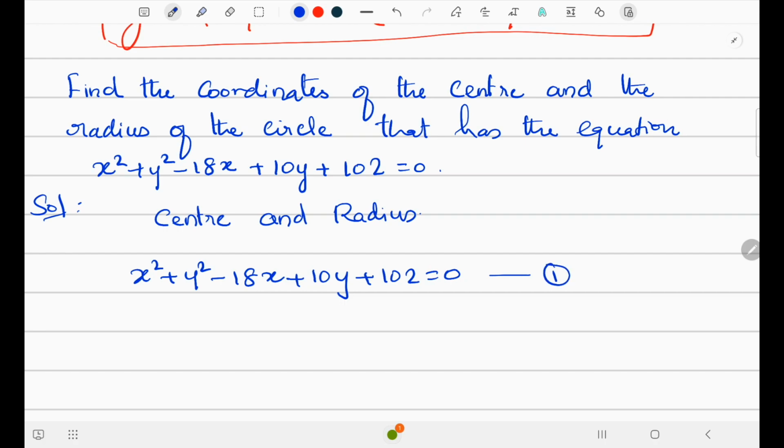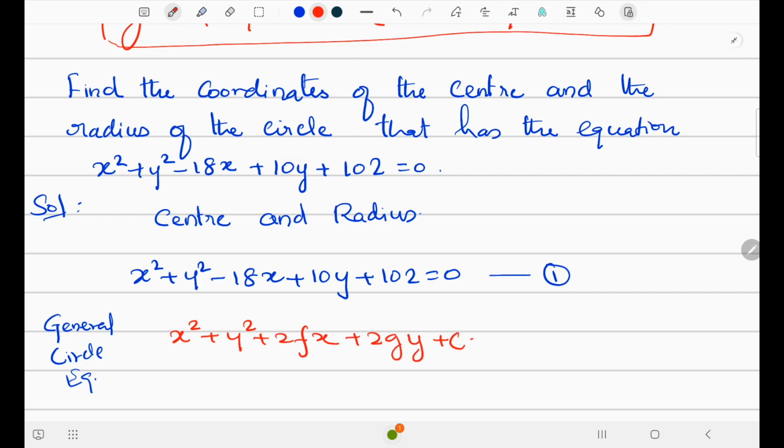What is our general circle equation? The general circle equation, I write in the red color: x square plus y square plus 2fx plus 2gy plus c equal to 0. This is the general equation, right?